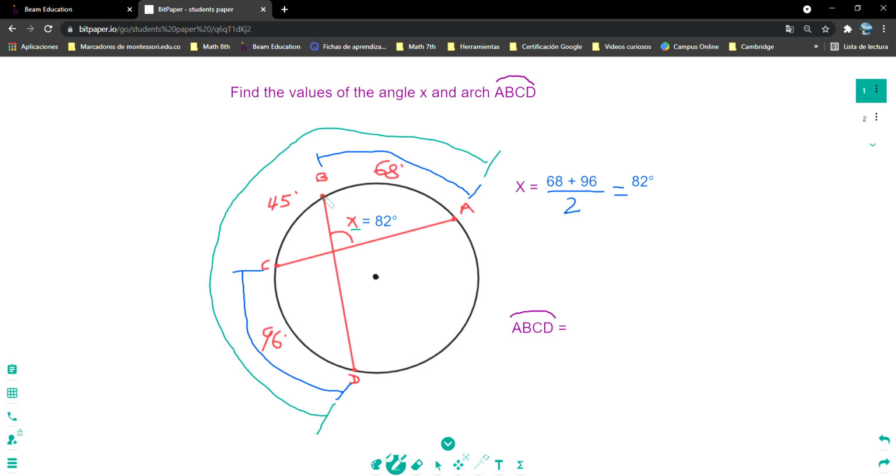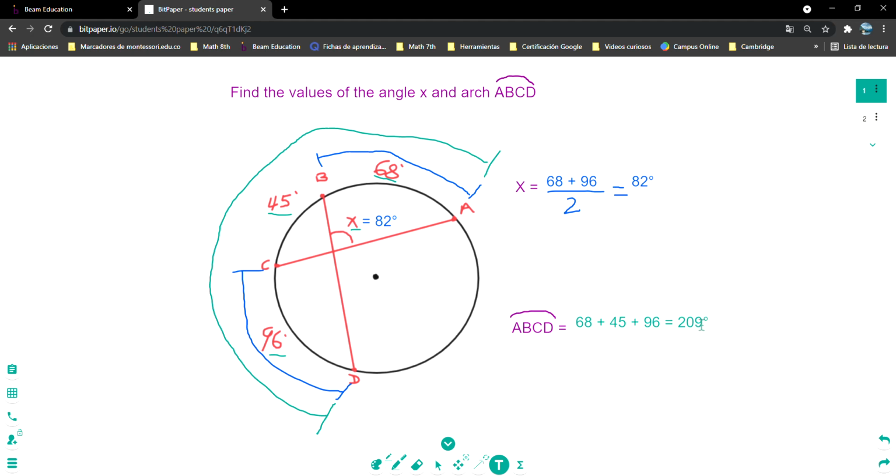We have BC, 45. And we have CD, which is 96 degrees. So we just need to add these values, 68 plus 45 plus 96 degrees, and that will be 209 degrees. The addition of all of these arcs will be 209 degrees.